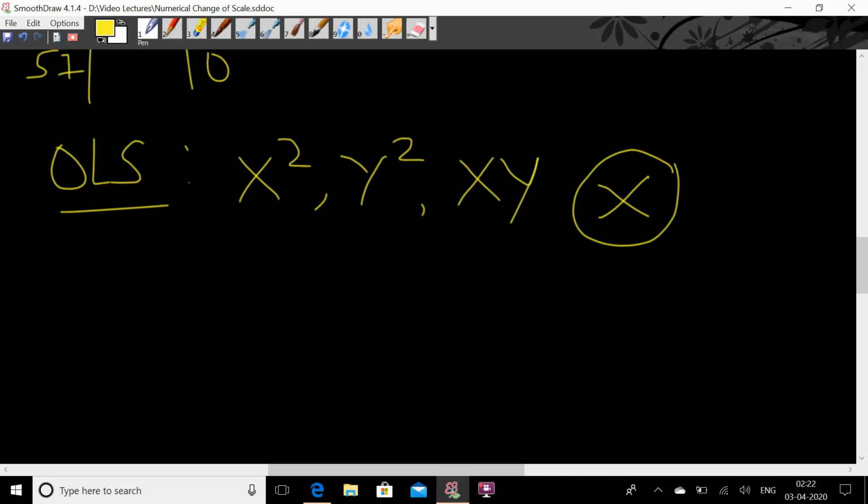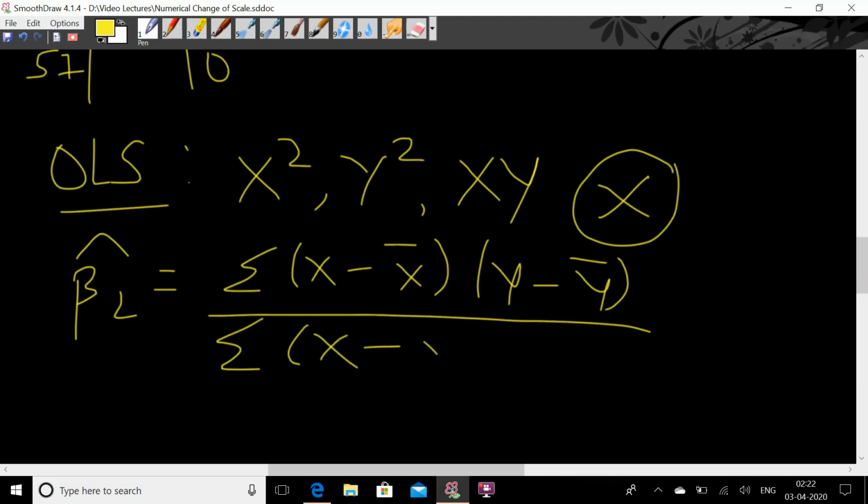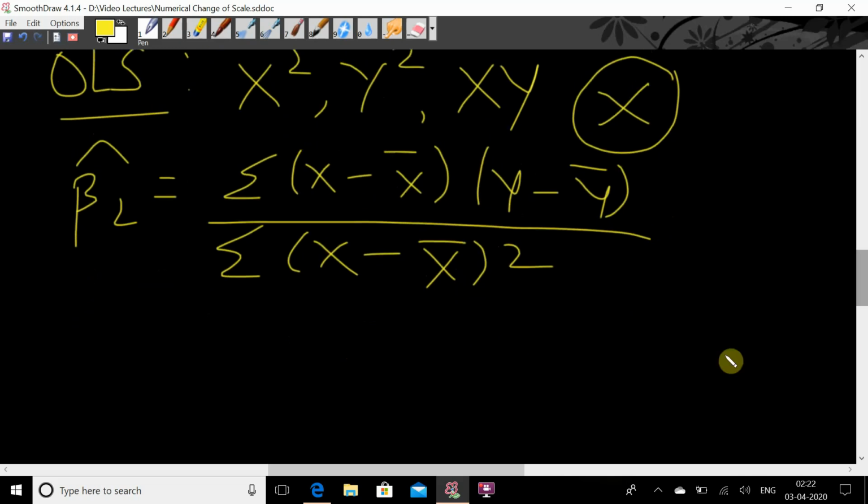So the next formula is your covariance formula. For the covariance formula, your beta 2 hat is summation x minus x bar, y minus y bar, upon summation x minus x bar whole square. Now again, this formula can be used only if your x bar and y bar both are whole numbers. Now let us calculate what are our x bar and y bar in this case.